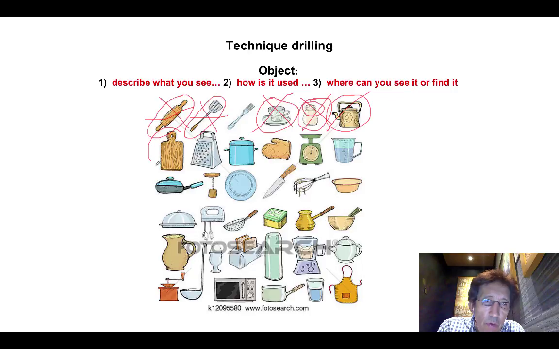Row 2, the first object. This object is made from wood, and the shape is more like a square, but on the side there is a hole, and we can hang it in the kitchen.